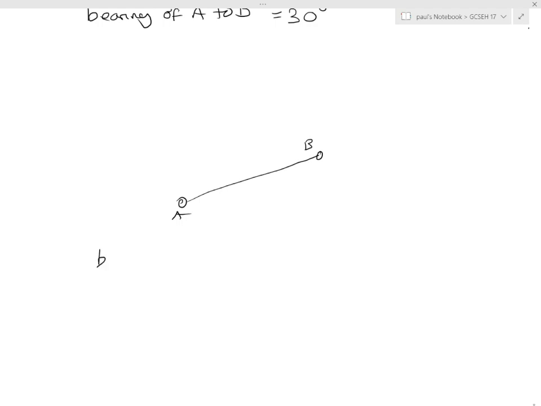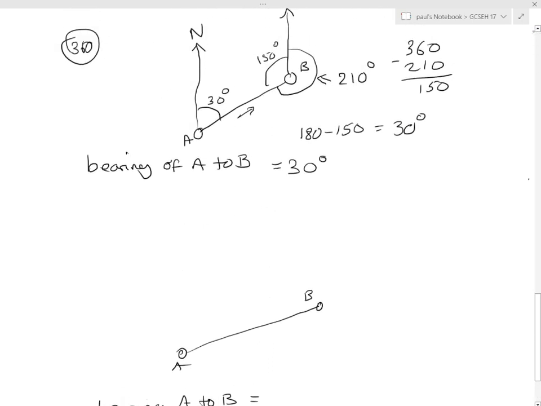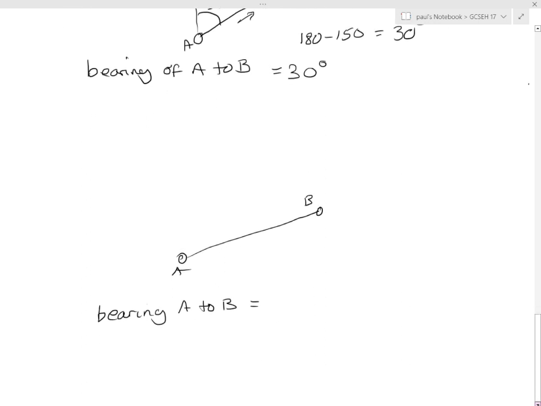So the bearing information, the bearing A to B equals, just make sure I don't get the same numbers as I got there. Nothing's to scale, we'll call it 70 degrees. Okay, what is B to A?